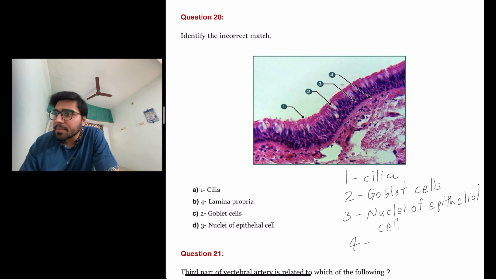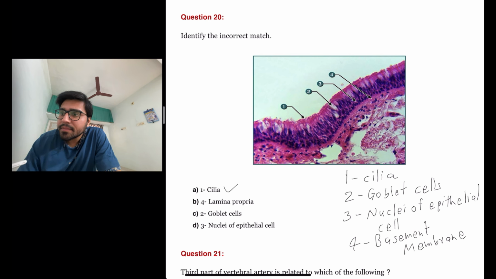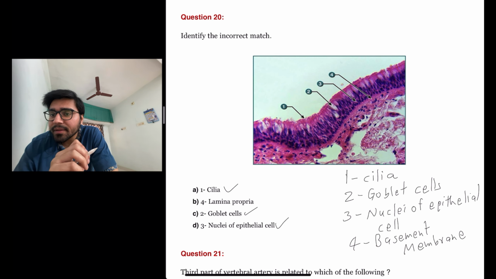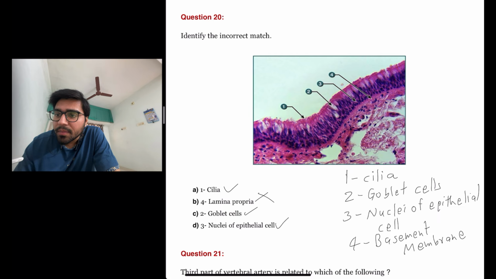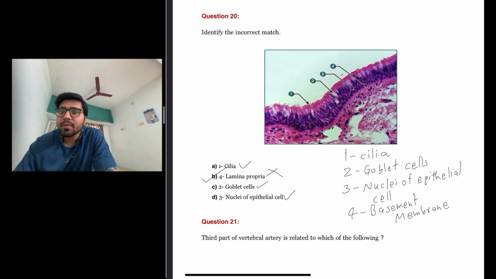And the fourth one is basement membrane. So the cilia is correct, goblet cell is correct, nuclei of epithelial cell is correct, but the lamina propria is wrong. So the answer is B.